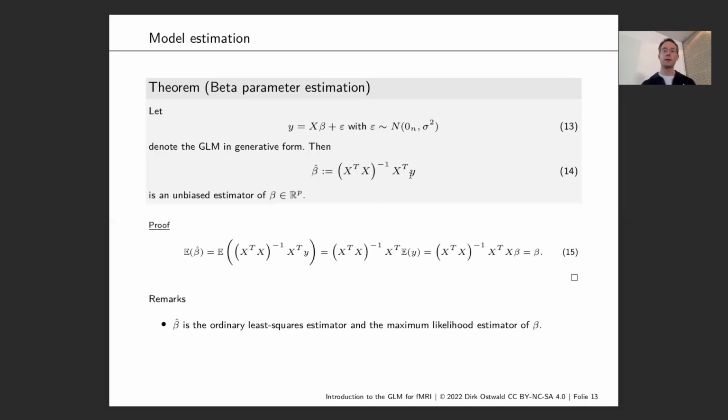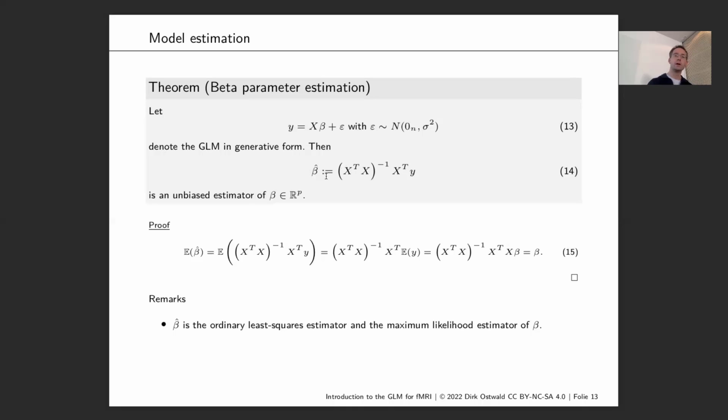So we always multiply our different realizations of y with the same thing, but because the data when sampling from the GLM varies, also our beta hat varies, and hence beta hat is also a random vector. One needs essentially to determine its distribution.